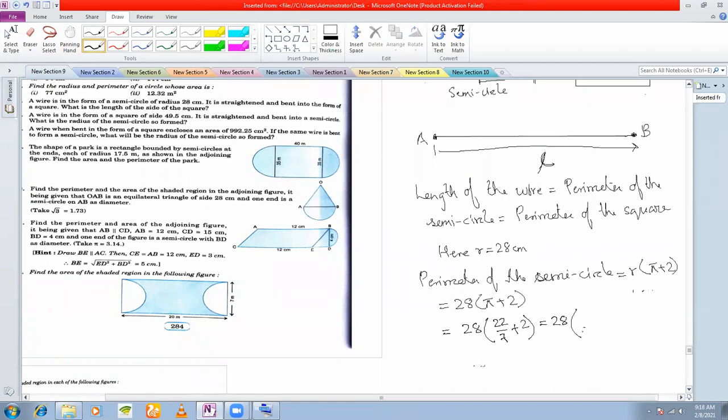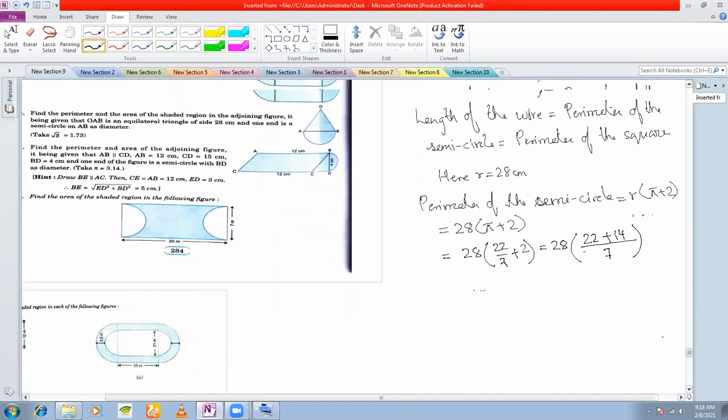28, now take the LCM. 22 plus 14, which is 28 into 22 plus 14, that is 36. Cancel this.